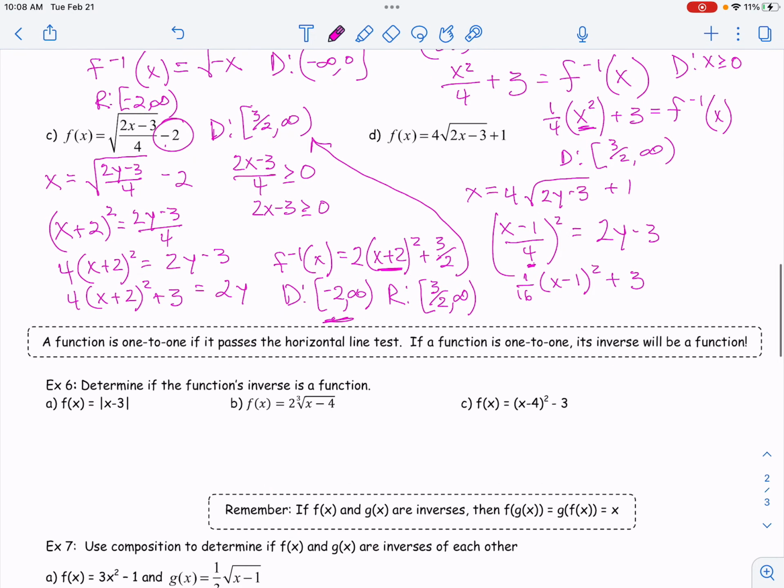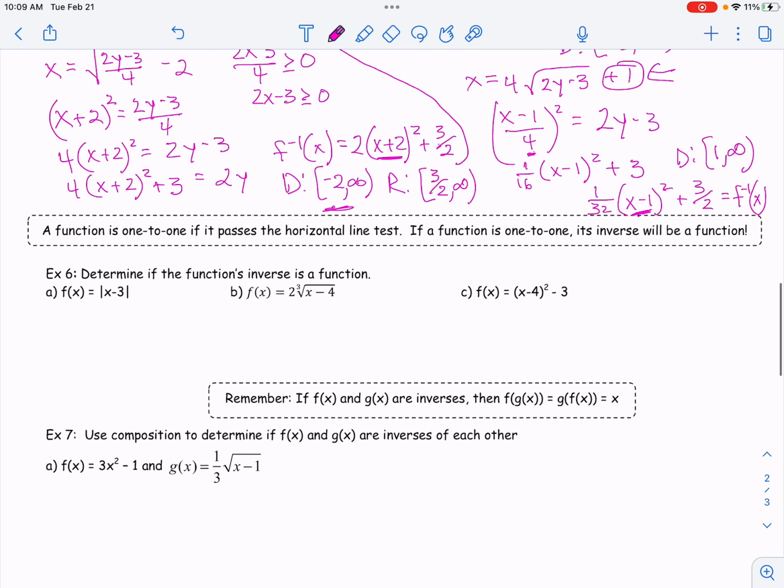So if I do that, I get 1/32 x minus 1 squared plus 3/2. That is my inverse. My domain for this is going to be, you take this from 1 to positive infinity. Look up at your original, your range would be 1 to positive infinity. They're inverses of each other.